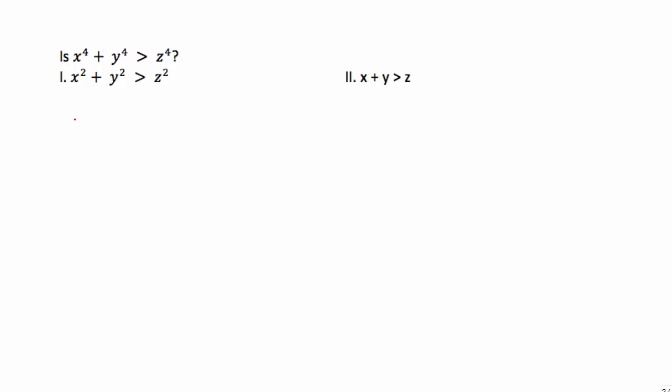If you look at this basic statement and the question, the basic number we can think of immediately without thinking much is 1 square plus 1 square is greater than 1 square. That's a basic statement you can think of. We definitely know 2 is greater than 1, so this statement is always true.